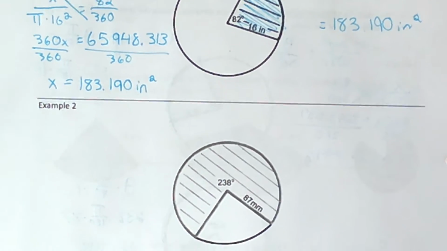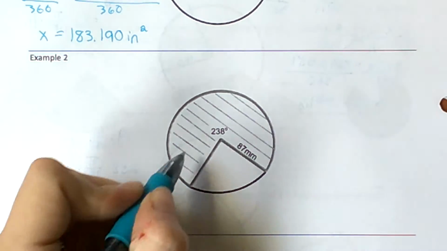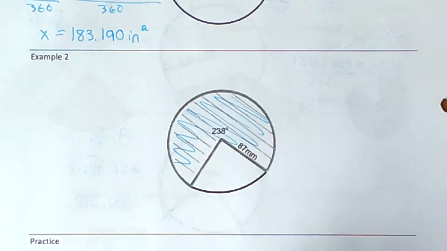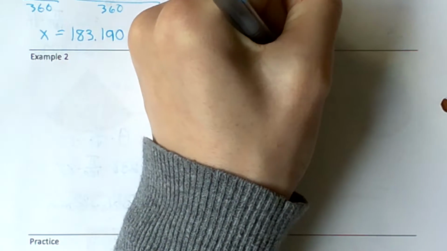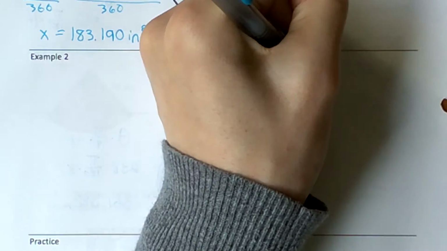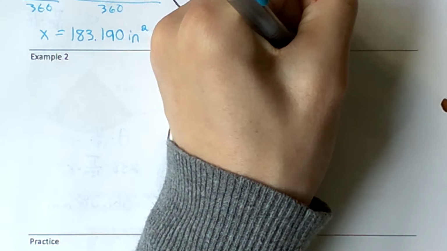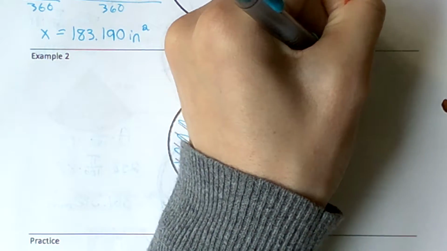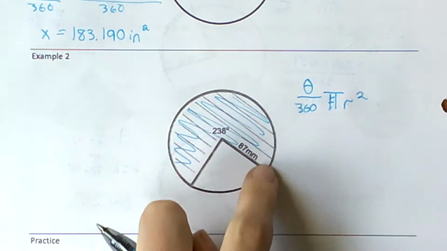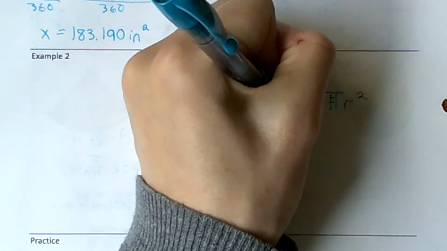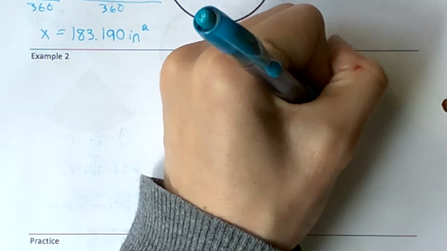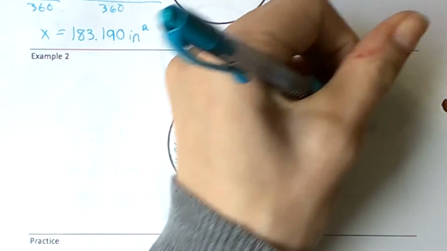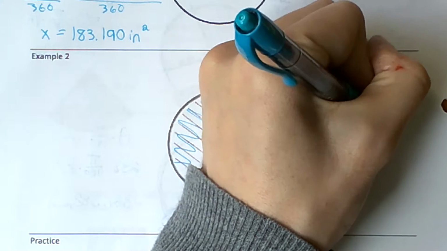So let's use this formula for the next one. So I'm finding the area of this entire portion right here. So theta over 360 times pi r squared. So my theta is 238 divided by 360 times pi r squared, my radius is 87, so 87 squared.